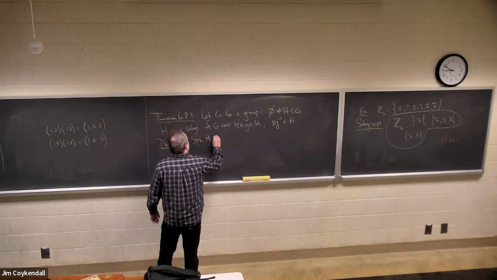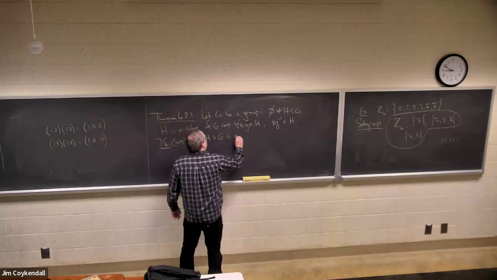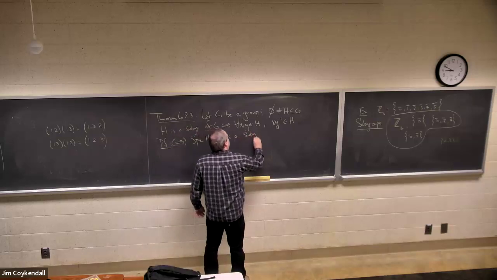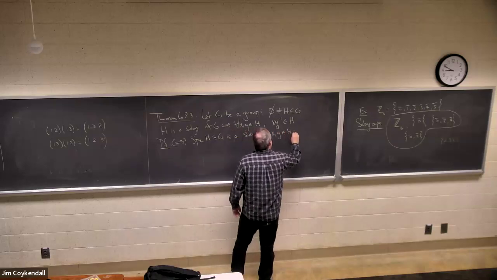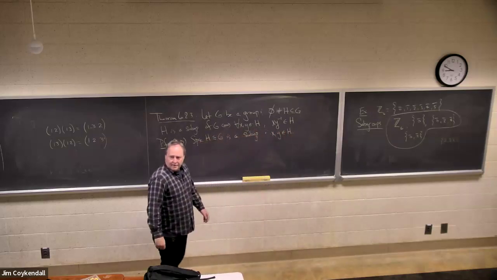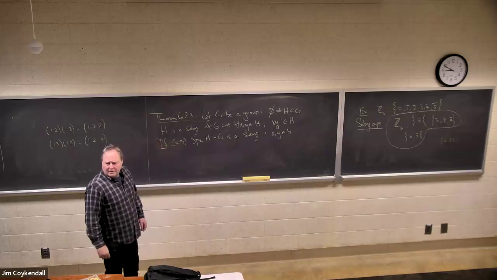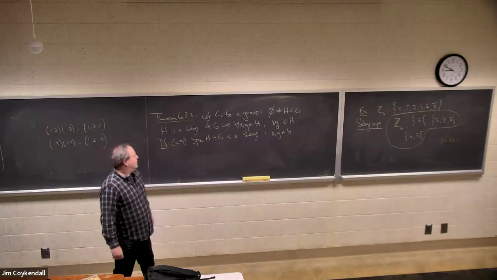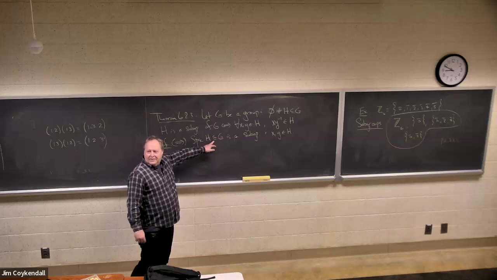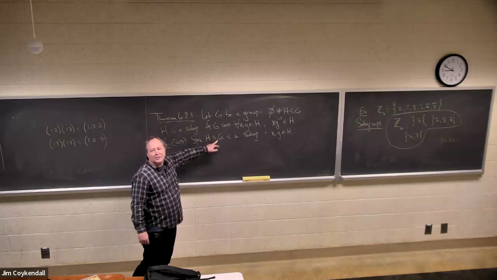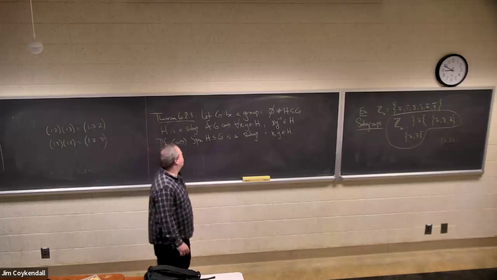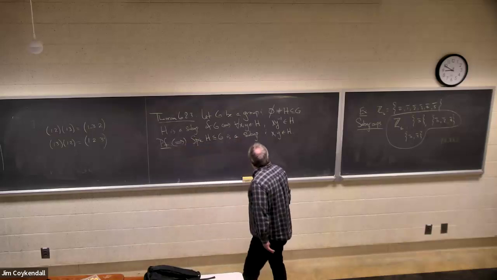Suppose H in G is a subgroup, and x, y in H. Yes, it's a containment. It looks like an inequality sign because group theorists often use this kind of sign for subset. But I don't really care what you use.